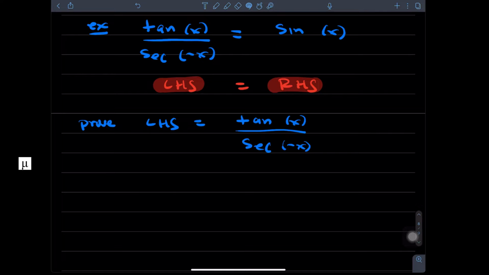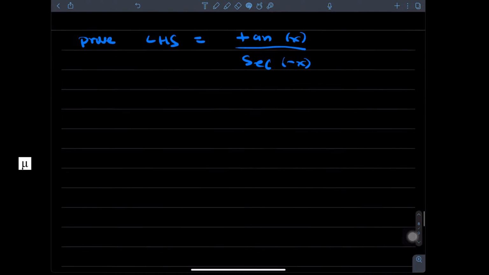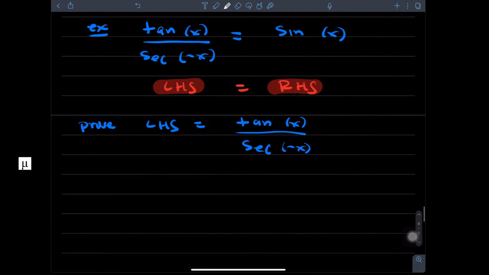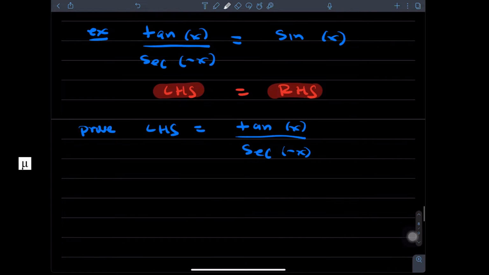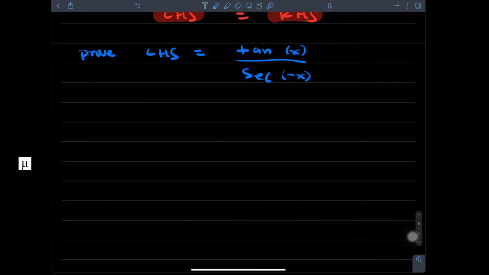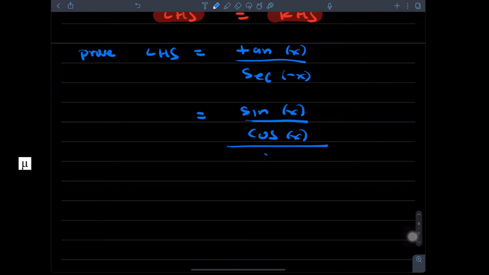Okay, you guys okay with that? Now, I'm going to do something here. Remember, we have to show that this equals the right-hand side. We have to show it equals sine. So you might say, I think I know something about tangent. What do you guys know about tangent again? Sine over what? Cosine. But don't forget, you're dividing by that secant minus x.